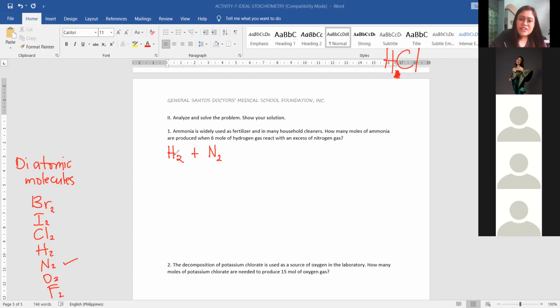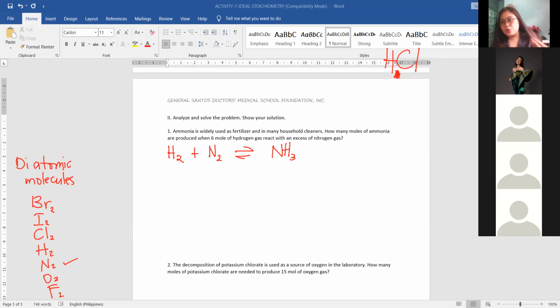So if hydrogen gas reacts with nitrogen gas, it will produce ammonia. Ammonia is NH3. Do not forget the chemical formula of ammonia. Again, that is NH3. That is how you write the chemical equation for our problem.